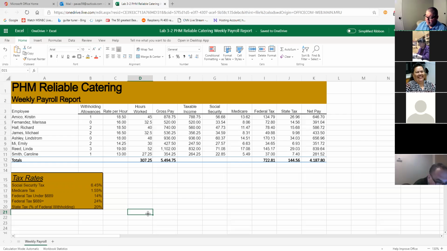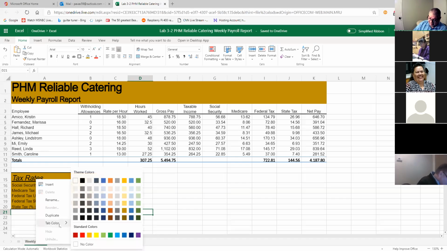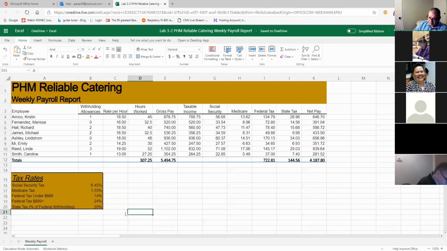And then they want us to match the color to the background on cell A1, so that's the gold. Remember how to change the color? There it is. It's not quite the same, but it's close enough. So that completes 18. Weekly payroll as the new name.